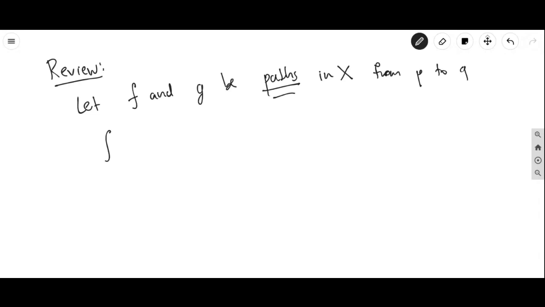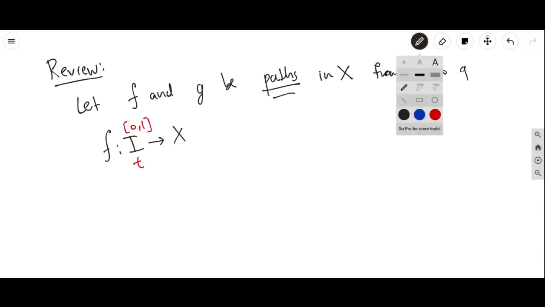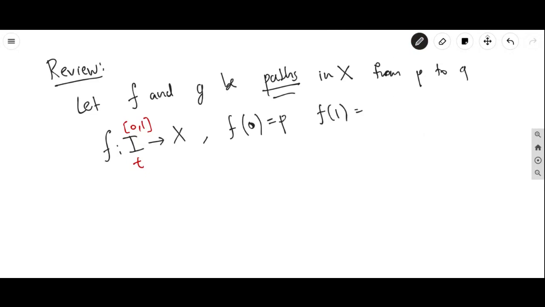So paths, that just means you have a function from the unit interval. We think of the unit interval as representing time. We think of this as the t variable. So as the time goes from 0 to 1, we're flowing from p to q with the requirement that f of 0 is p and f of 1 is q. This is, of course, a continuous mapping.